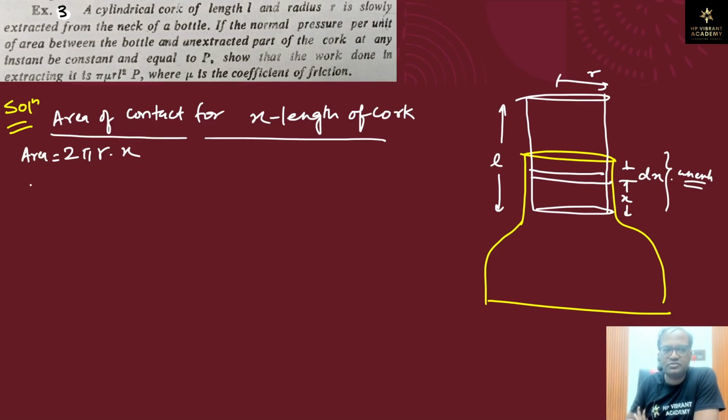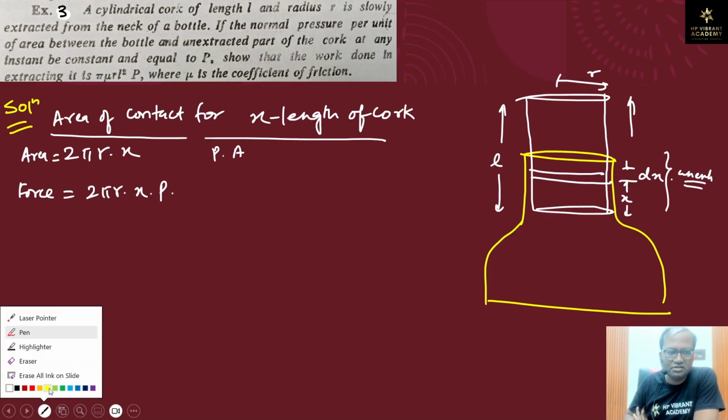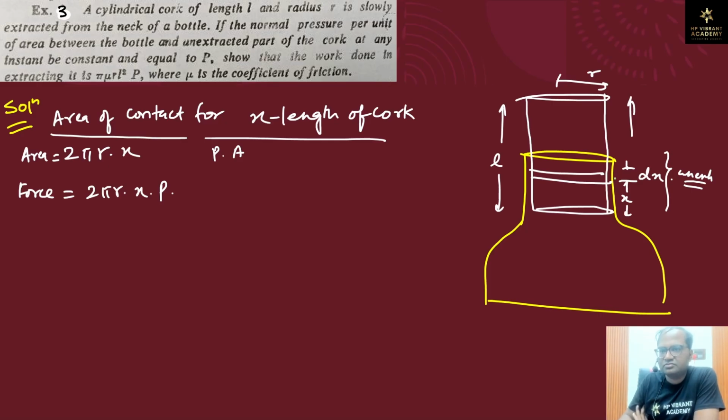So we have the force acting on this surface equal to pressure into area. So we have 2 pi r x into pressure. Okay, so what will be the frictional force? The frictional force on this will act in the bottommost direction, because the movement is in this direction, so the frictional force will act in this particular direction.